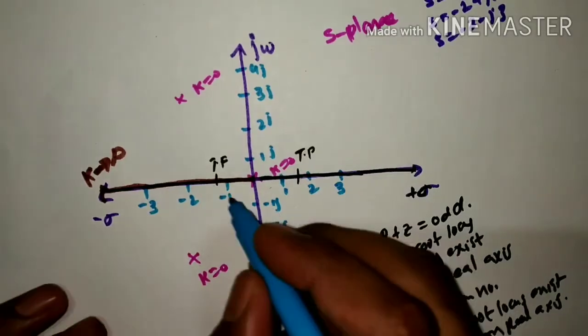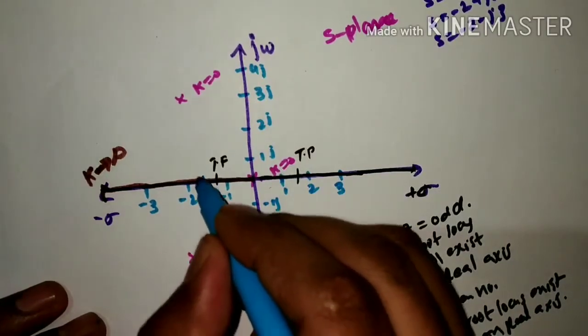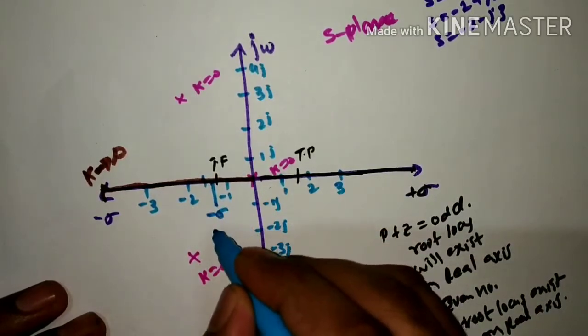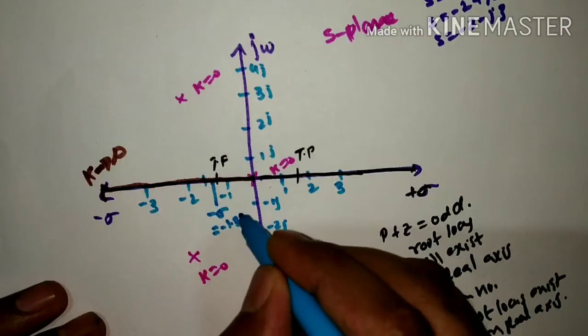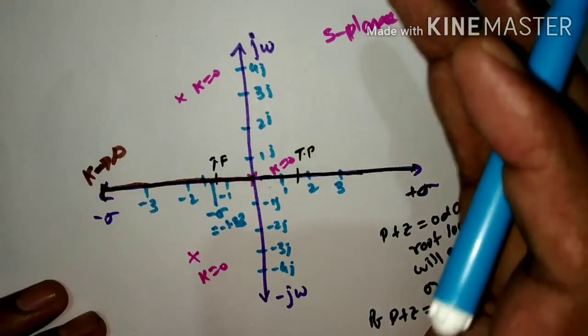See, this is 1, this is minus 1, this is minus 2. If I take this as minus 1.5, somewhere here is the centroid, which is equal to minus 1.33. From this you have to draw the angle.